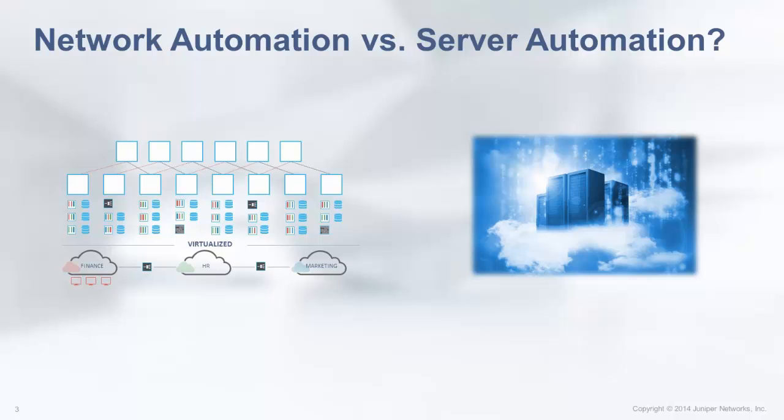A lot of the basic things that you can automate, whether it's a server or a network, is pulling state information. In a server world, you're looking at disk utilization, CPU utilization, memory. Are the services that I'm running, as a VM or as an application on that server, doing what they're supposed to be doing?